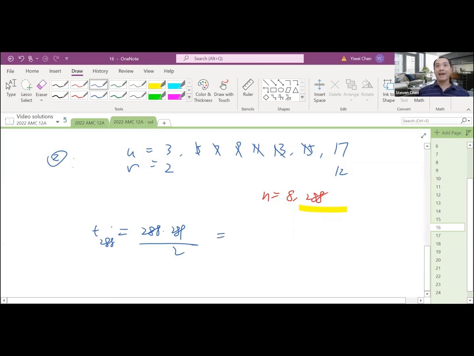After doing some algebra, you can see this is equal to this number. And this problem asks us to report the sum of all digits. So let's just sum over all its digits. Then we get 4 plus 1 plus 6 plus 6, that is equal to 18.